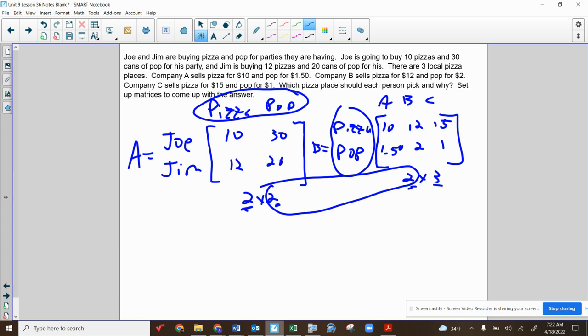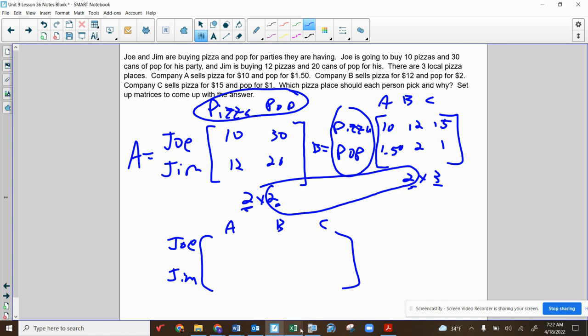The size of the answer is going to be 2x3, with the left-hand side being Joe and Jim, and the top being A, B, and C. Joe, Jim, A, B, C. Okay, so if we were to do this by hand, we would take the 10 and the 10, multiply those together, the 30 and the $1.50, multiply those together, and add them. And that would tell you how much he spent on pizza and pop at restaurant A. At restaurant A, not number 8, sorry.